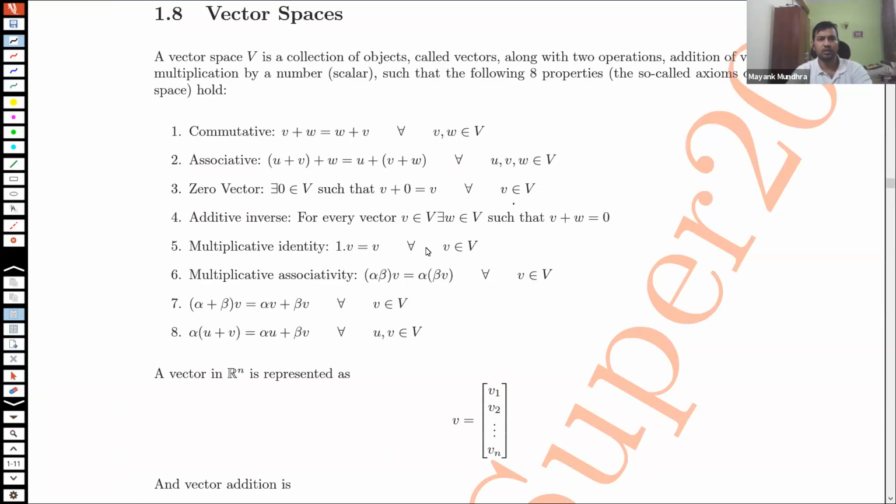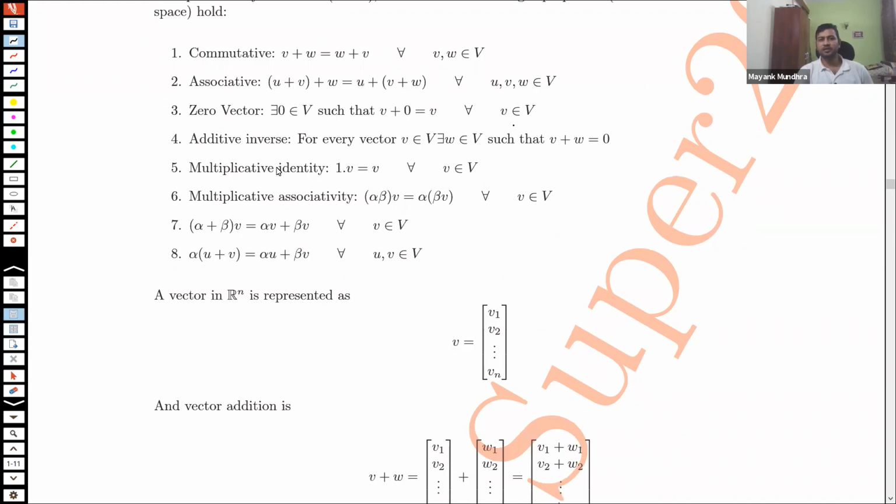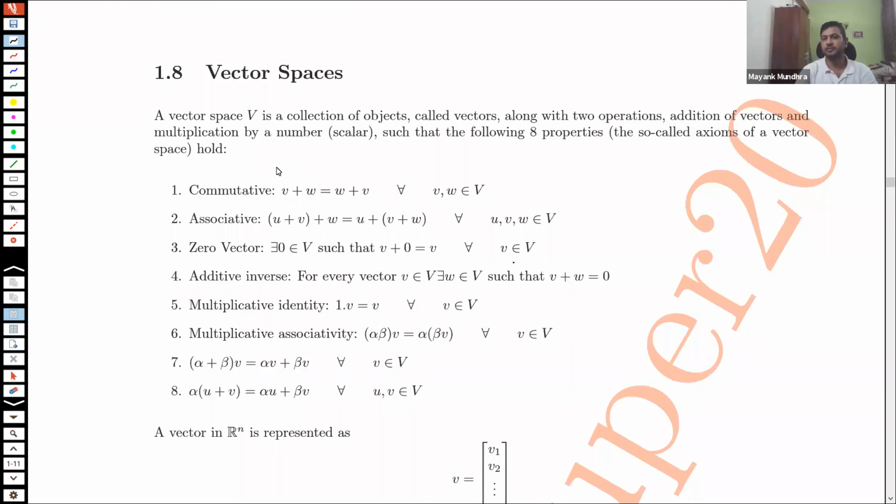Okay, so in the last class, we were talking about vector spaces. Vector spaces, as I told you, is a collection of objects which satisfy these 8 properties. Objects are basically vectors.